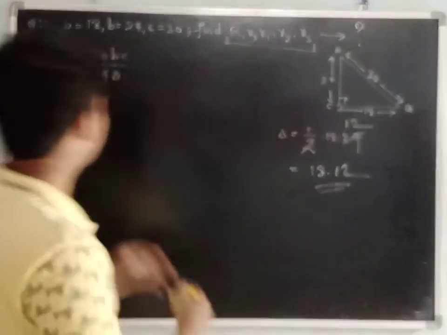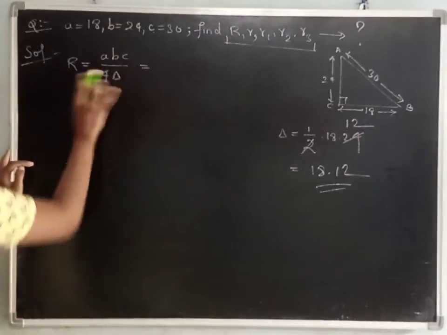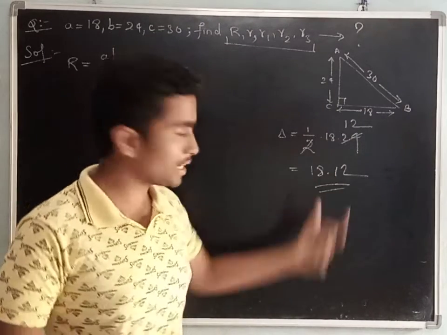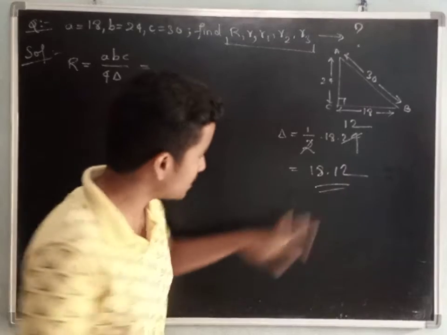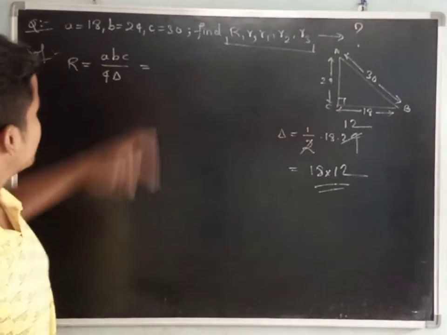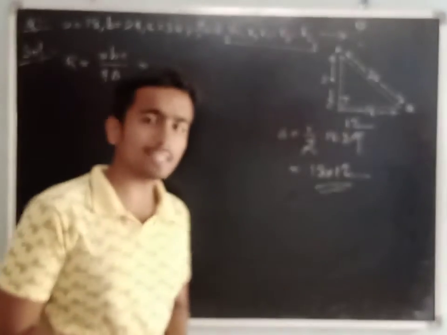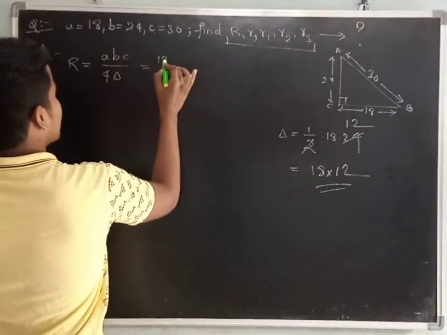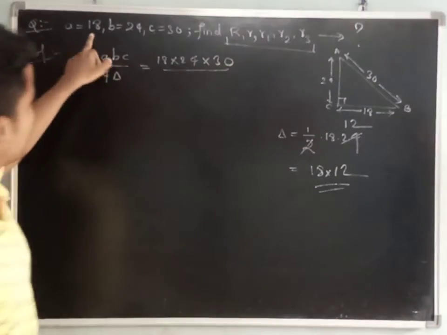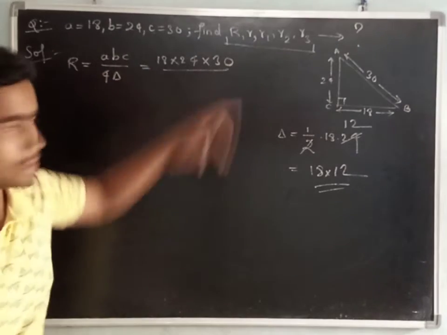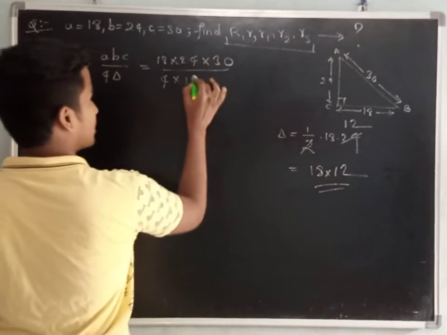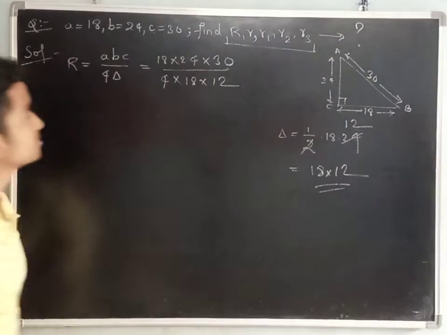Why? I will explain. For finding the value of R, we will get some cancellations. Instead of simplifying and wasting time, it is better to keep it like this and simplify this part in this so that our calculation will be easy. 18 into 24 into 30, where a is 18, b is 24, c is 30, by 4 into the area of the triangle, which is 18 into 12.